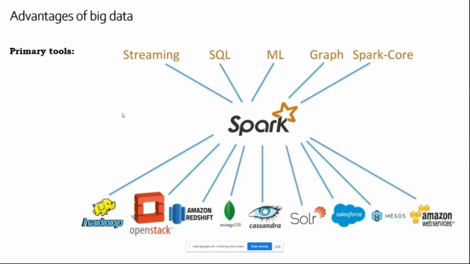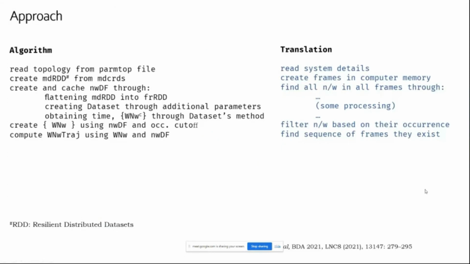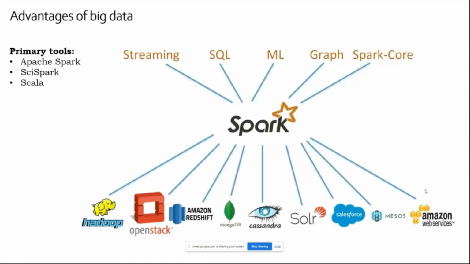So these are the reasons why industry has shifted to big data in a big way, and we are using that. We are using Spark for this, and there are multiple reasons for using it, but I'm going to skip them. The tools that I've primarily used are the following. One is Apache Spark, then there is SciSpark.